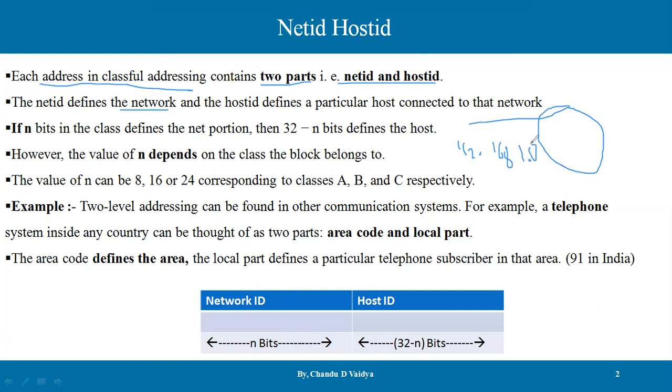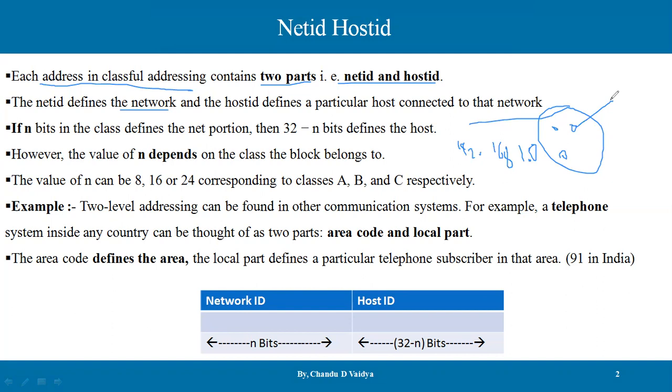In order to represent this particular network, we have this network ID. And whatever hosts are connected in this particular network, in order to identify a particular host, the host ID is required. The host ID is the IP address assigned to that particular host in order to identify that host in that network.